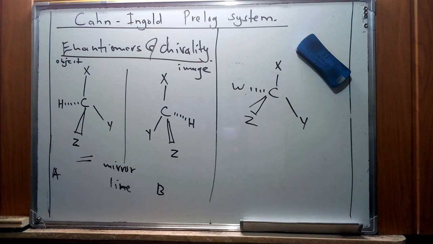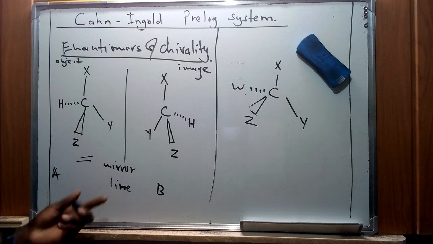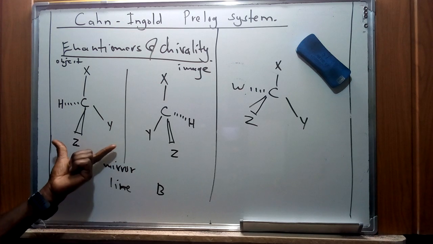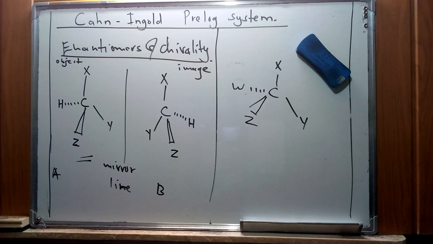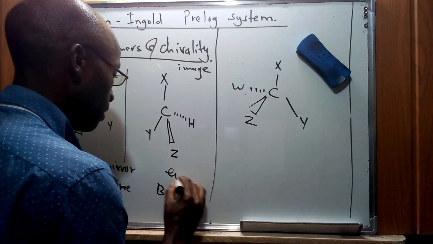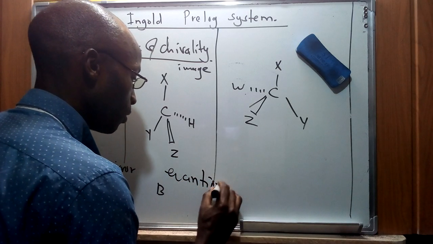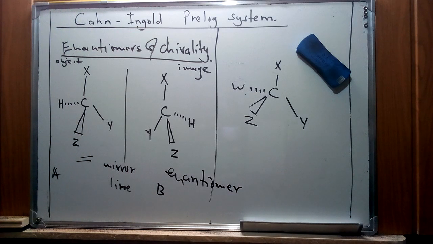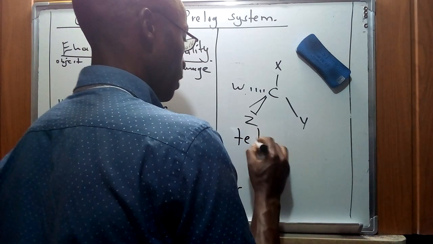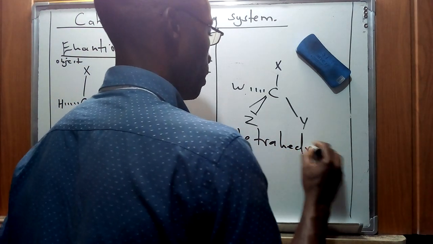A compound that forms a structure like this and is not superimposable on its mirror image is known as an enantiomer. So that's how we define an enantiomer, and we said that enantiomers are always a tetrahedral molecule like the general one that I've illustrated on the board.